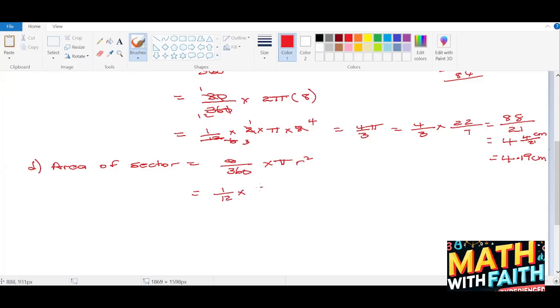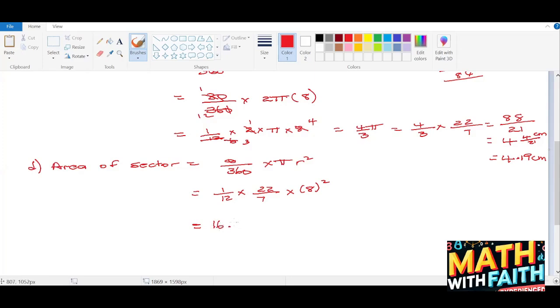Pi is 22/7, which we would use unless otherwise requested. And we know that r is 8. So let's plug that into our calculator: 1/12 by 22/7 by 8 squared. And we get 16. Then work it out normally here.